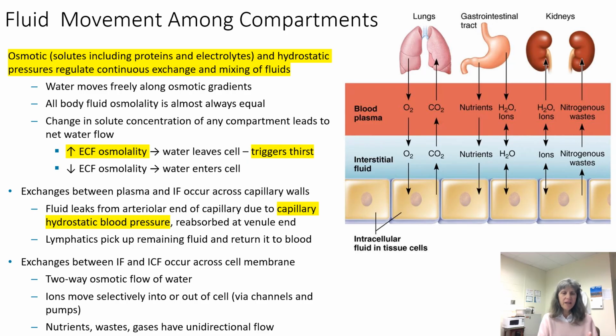So there's a two-way osmotic flow of water, and ions can move selectively in or out of the cell by way of channels in the cell membranes and pumps. Now, nutrients, gases, wastes have a unidirectional flow, so they only go in one direction, but other things like water and ions can move in or out of the cell.